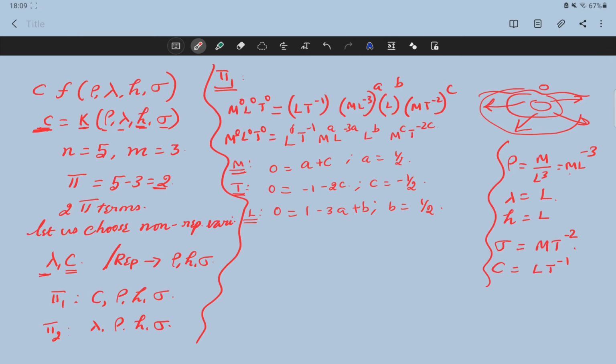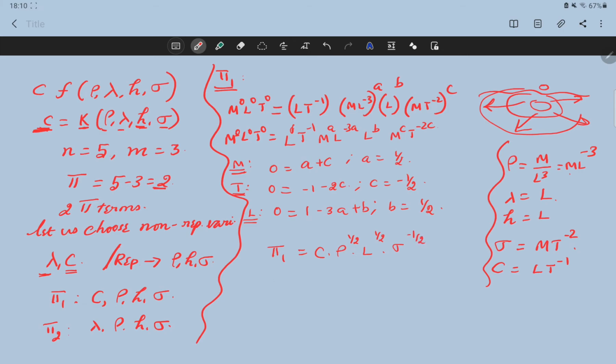So I can write this as pi 1 equals c times rho power 1 by 2 times h power 1 by 2 times sigma power minus 1 by 2.